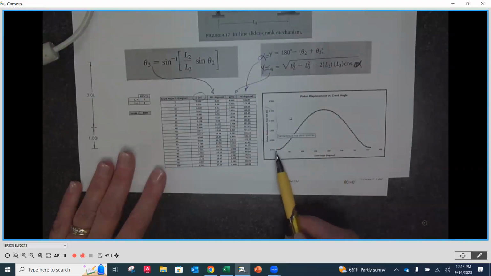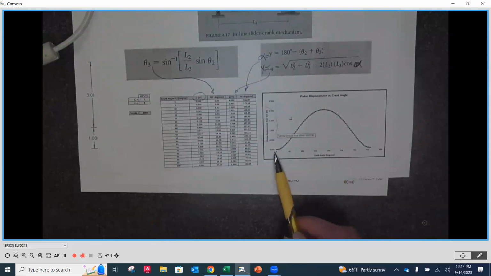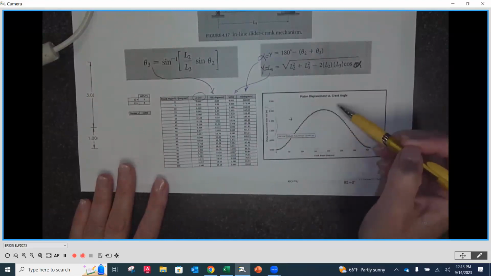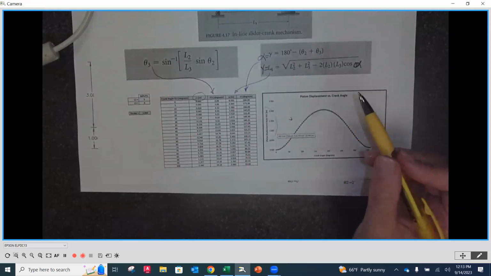So you can see down at 0, we have 0 displacement because we're at that position. Then each time we rotate a little bit, 5-degree increments in this case, it's going to increase that distance. And that's what we're plotting along the y-axis.